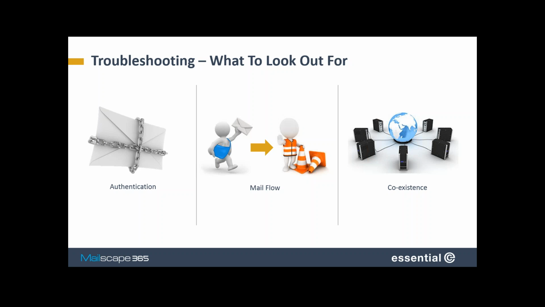Then last but not least, in a hybrid deployment, there is the coexistence. Of course, mail flow is some sort of coexistence as well, but what I'm referring to is the ability to query a user's calendar, request free/busy information between both premises. And there are components in Exchange, an organization relationship or an intra-organization connector if you're using OAuth, that come into play here. And it's very important to monitor those as well.